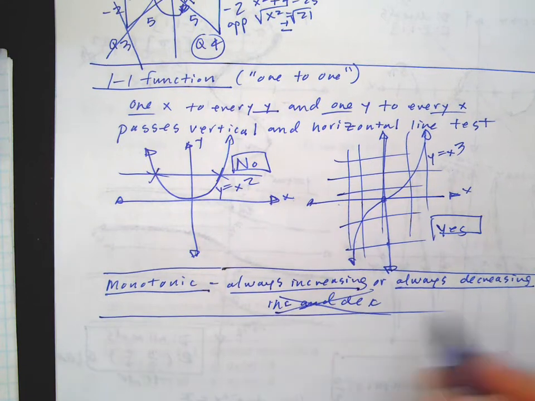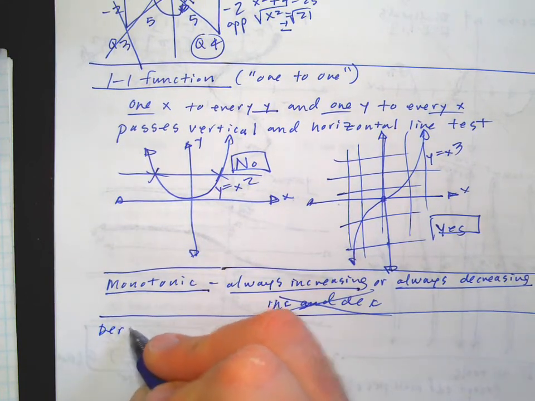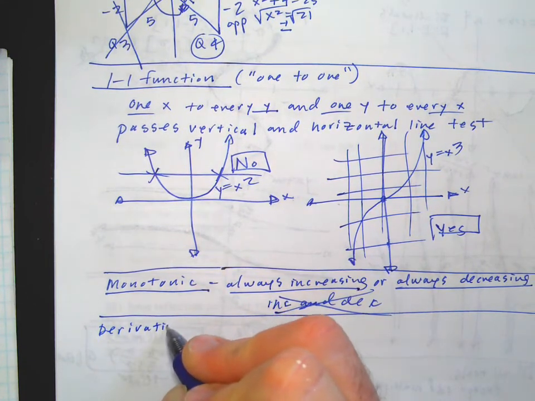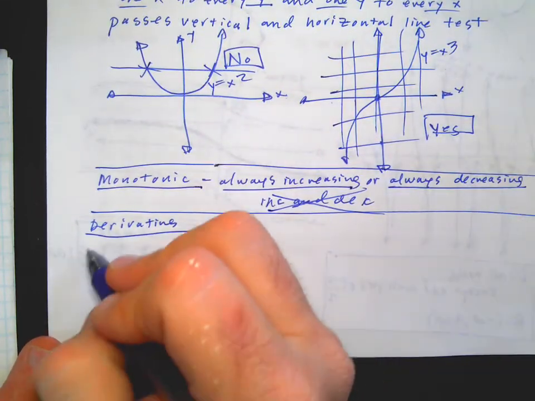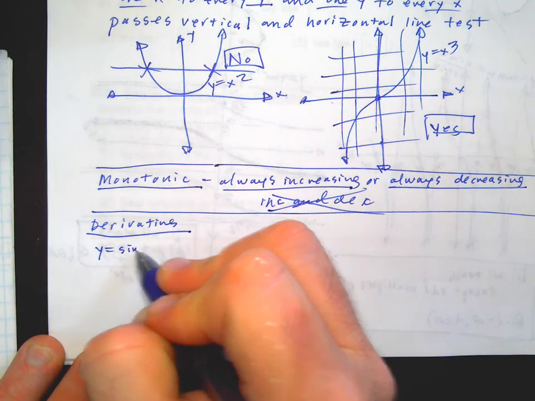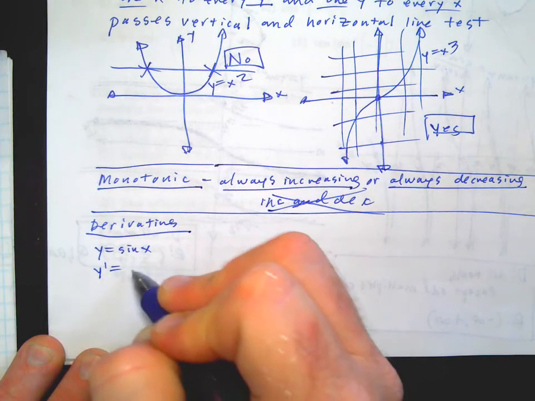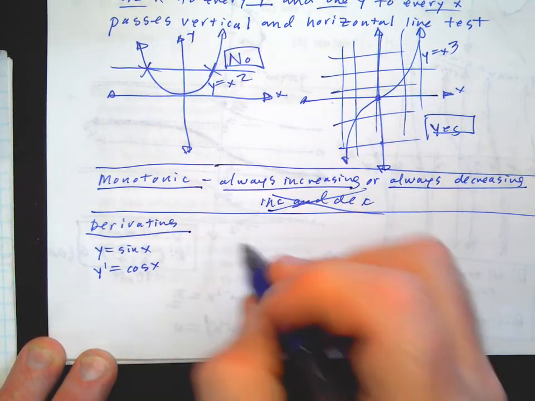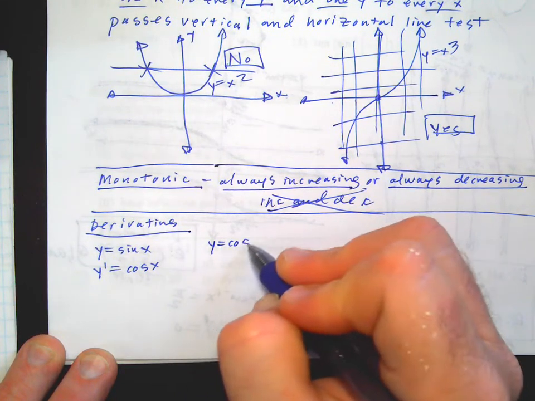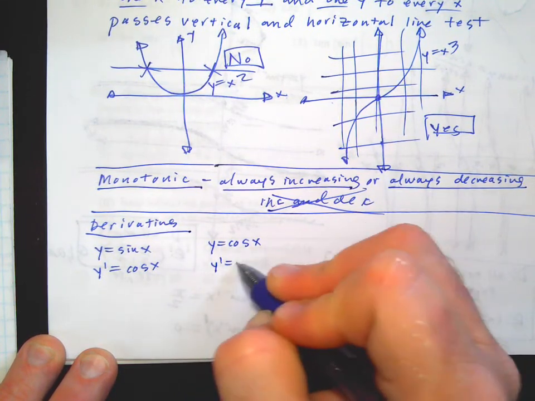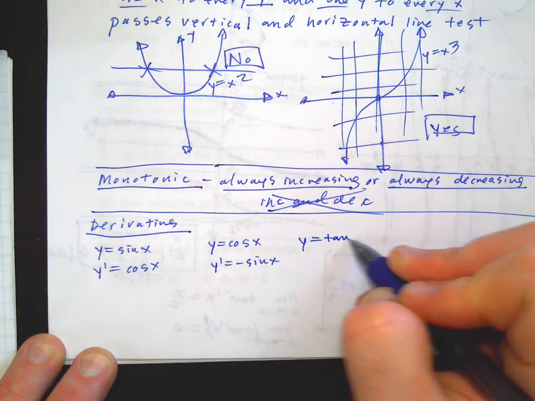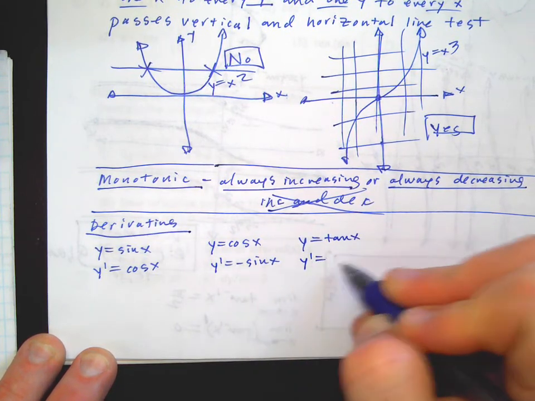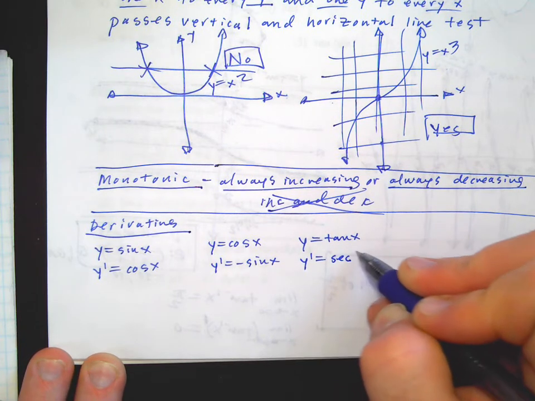Anyways, just also another little quick derivatives of trig, just to refresh our memory. Y equals sine x, the derivative is cosine x. Y equals cosine x, the derivative is negative sine x. Y equals tangent x, y prime is secant squared x.